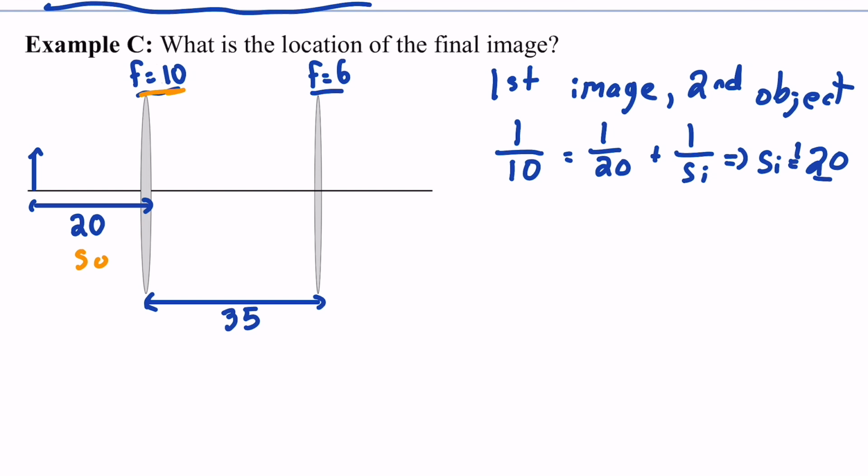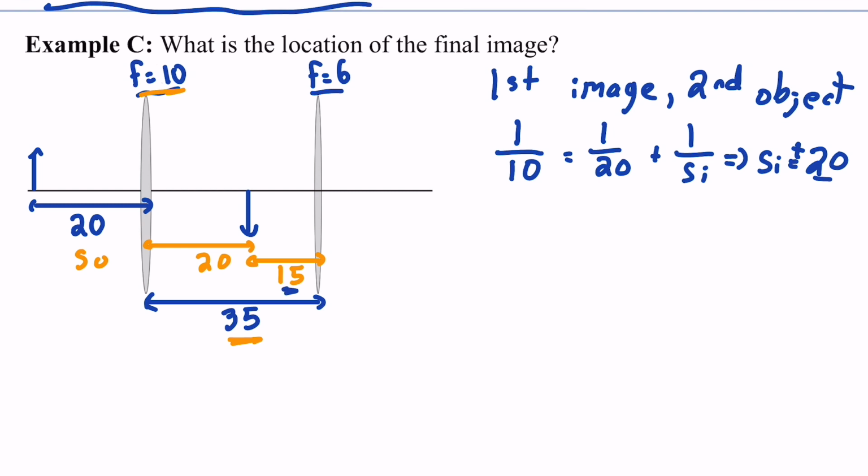And because this is positive 20 and it's a lens, it's going to be on the opposite side of the lens as the object. And because the total distance between the two lenses is 35, it's going to be a distance of 15 from the second lens.